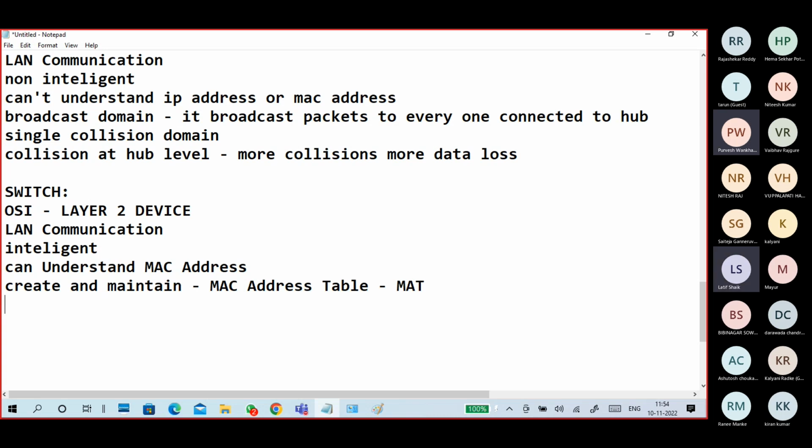Create and maintain a MAC address table. That is called a MAT.